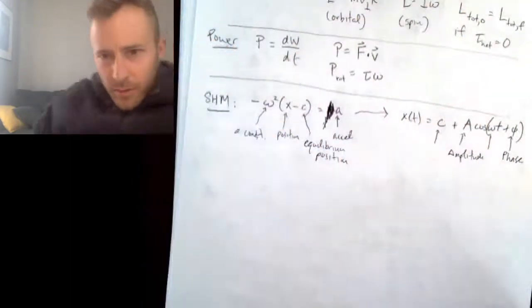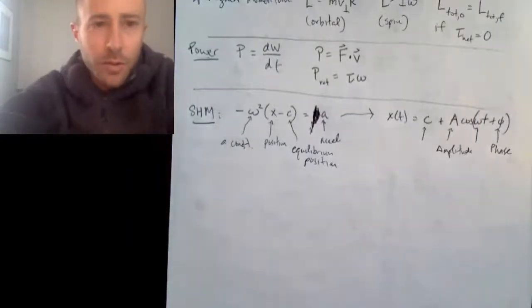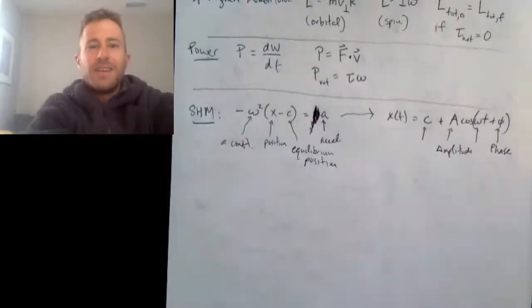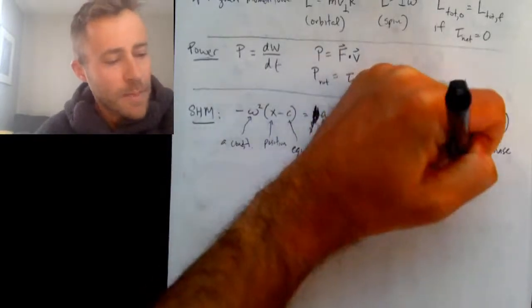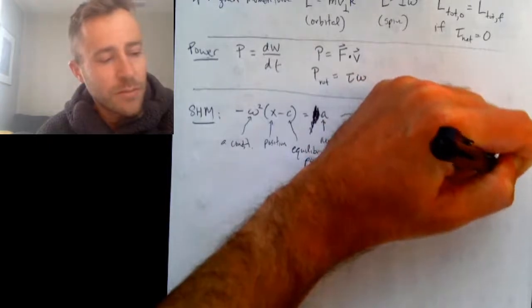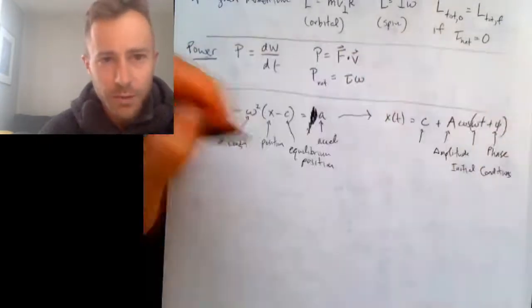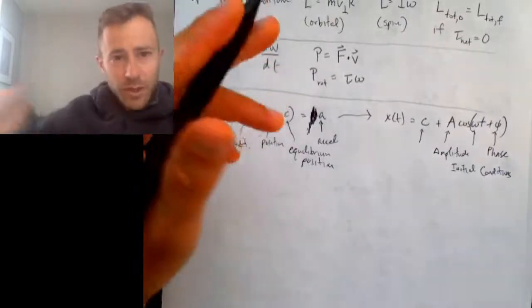And so the amplitude and the phase are not determined by the equation of motion, but by the initial conditions. Because if you have something undergoing simple harmonic motion, it's not going to start moving unless you nudge it.